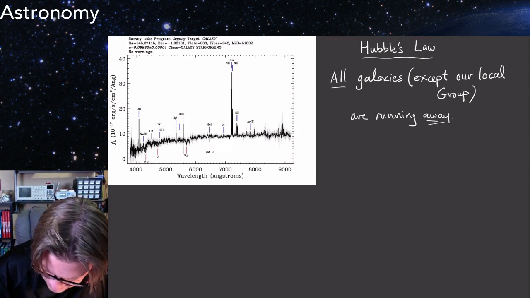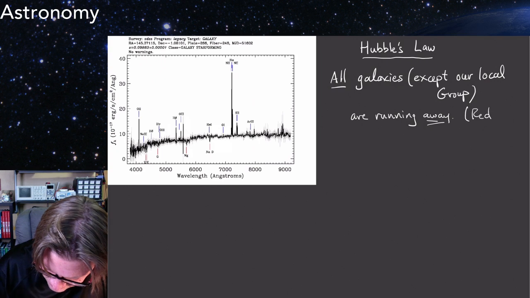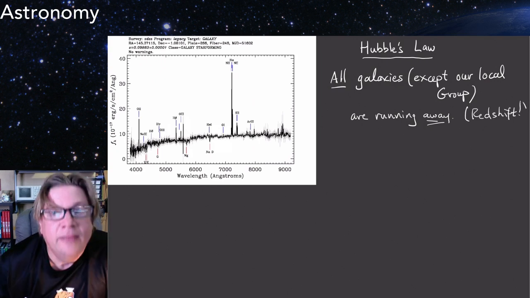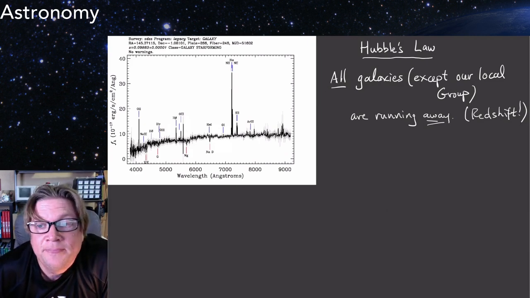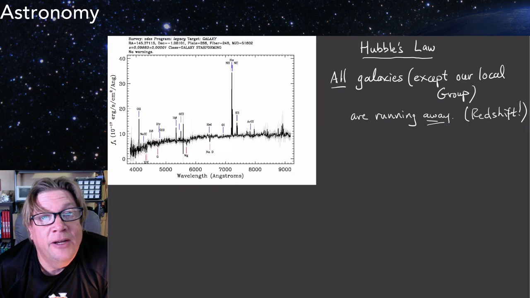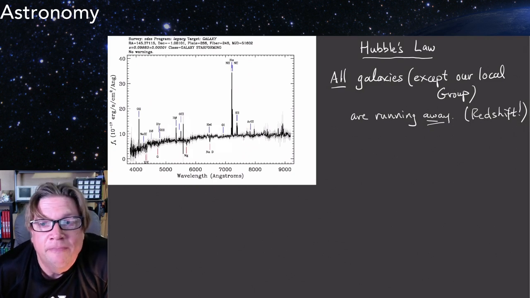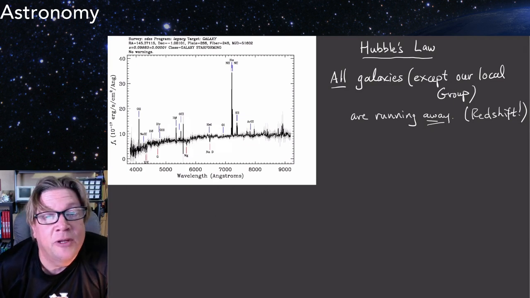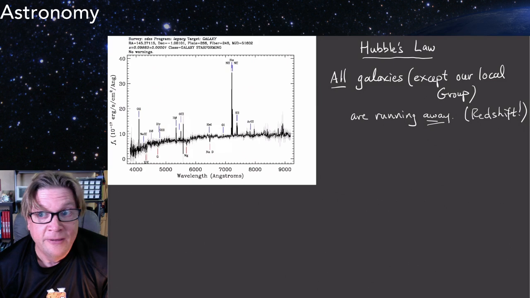In other words, remember how this works, the Doppler effect, they all have a redshift. Now that's weird, right? Nobody expected that. You would feel weird if you went to a party and looked around and everyone at the party was walking away from you in every direction.